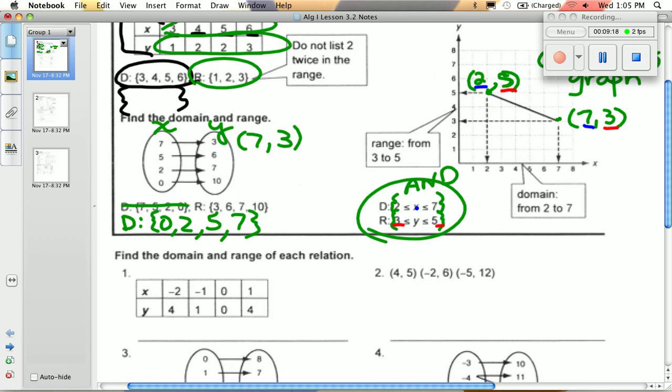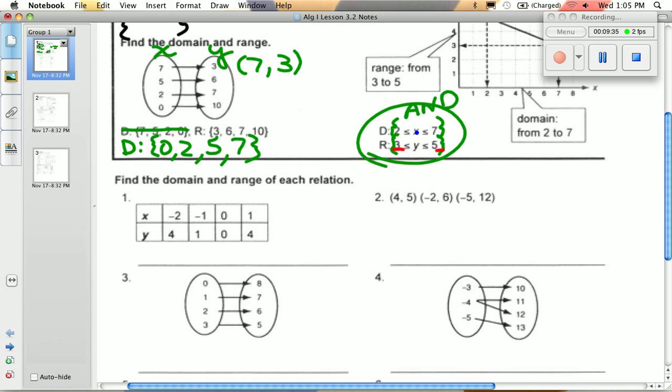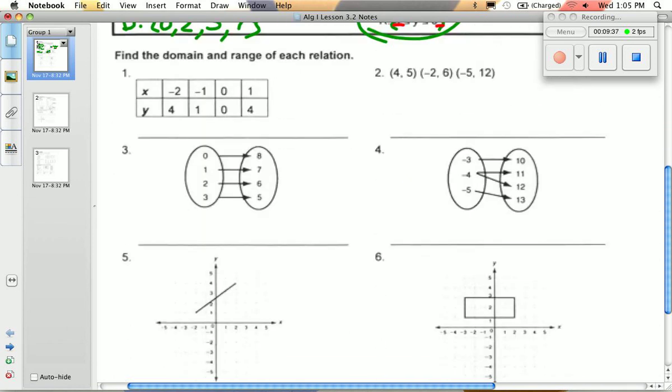So we're going to practice that. So let's just, anybody have a question about that at the moment though? They have these extra little dash lines on there, and basically what they're doing is just kind of showing how to determine the domain and range by counting.